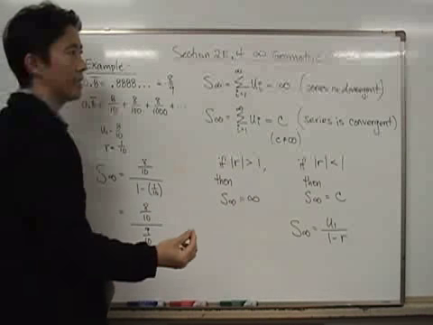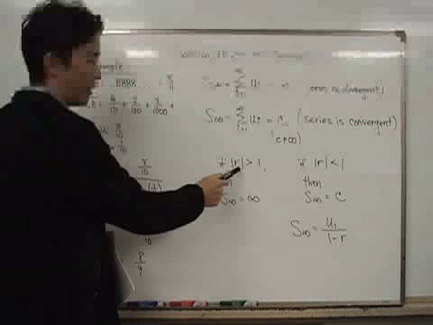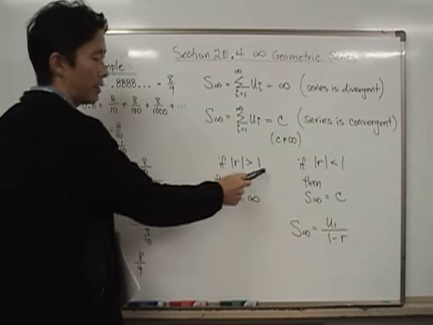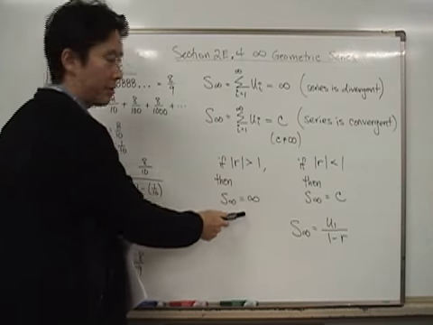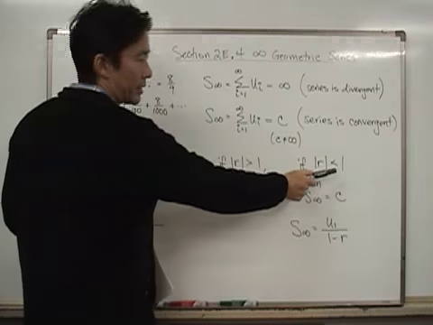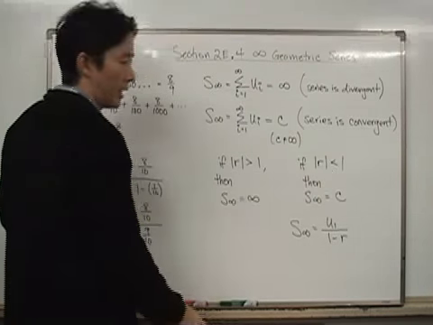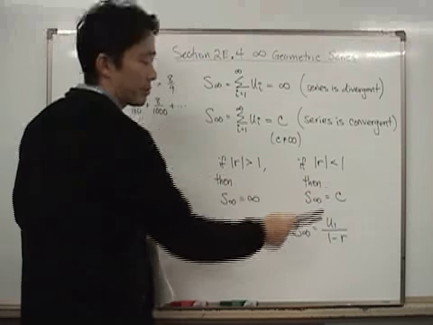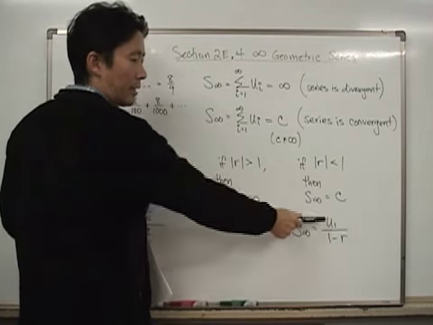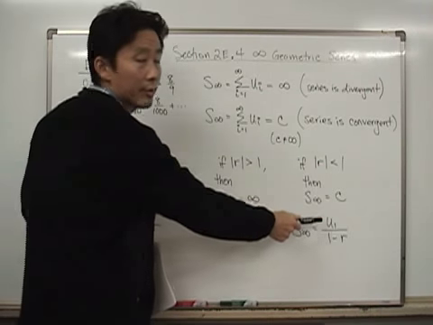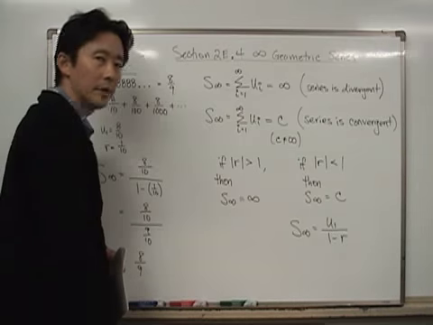Then for infinite geometric series, if the absolute value of r is greater than 1, we say the infinite geometric series diverges to infinity. If the absolute value of r is less than 1, then the infinite series will converge to a value of C, which can be calculated by taking the first term of your geometric series and dividing it by 1 minus r. Okay?